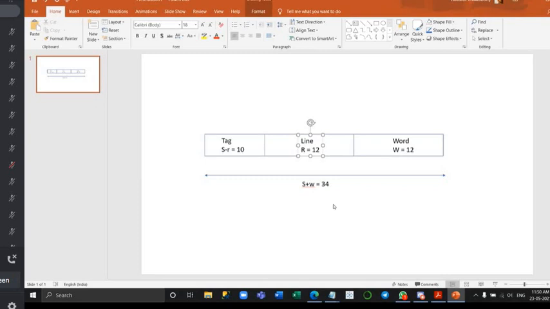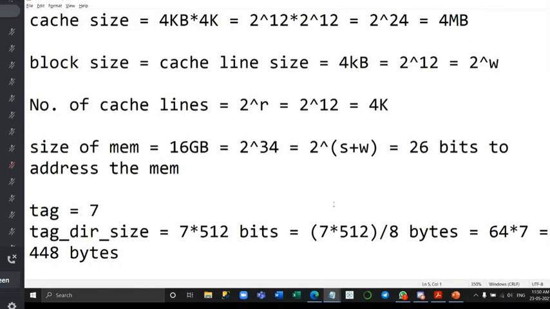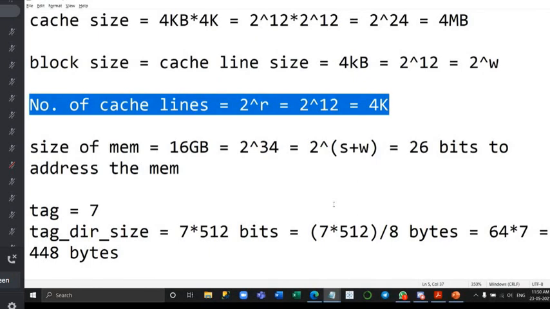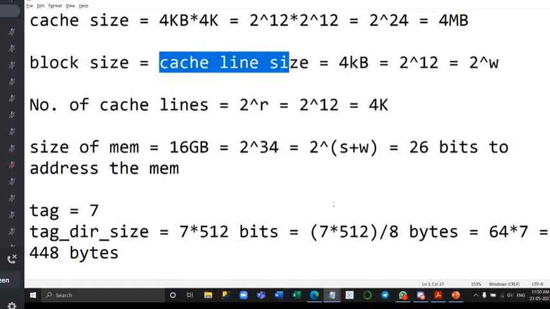Now 2 raised to the power of R is the number of lines in the cache. 2 to the power 12 is 4k lines. That means 4 into 1024 number of lines present. Now the number of cache lines multiplied by the cache line size will give you the size of the cache.